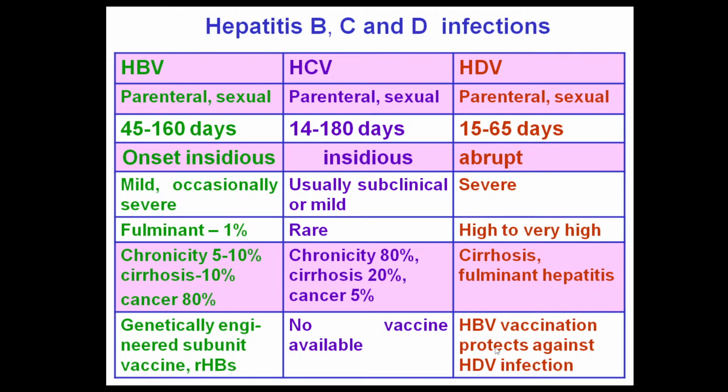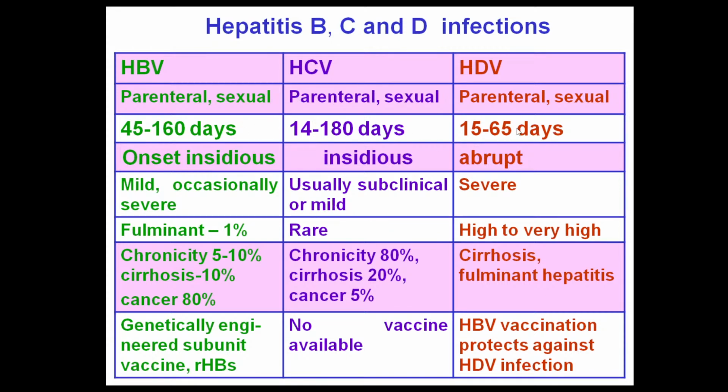All are transmitted through the parenteral route and sexual route. But the sexual route is not really very common for hepatitis C. It is believed that it is not really commonly transmitted by the sexual route, and most commonly through blood or organ transplantation.